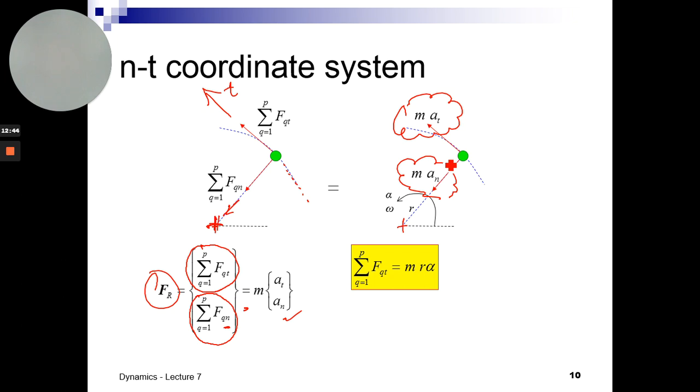You tahu in tangential is actually this one, MA. You tahu sebab you tahu AT is equal to R alpha, because alpha ni sebenarnya adalah angular acceleration. So you just replace the MAT with the MR alpha.